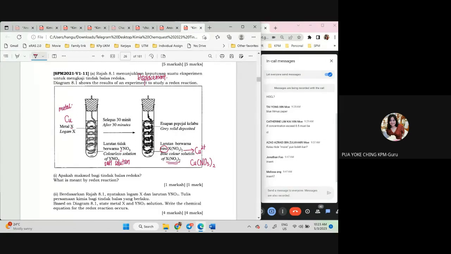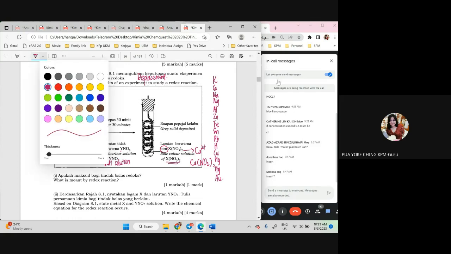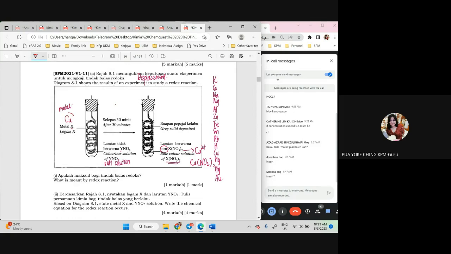So, kalau tentang displacement, maksudnya you kena hafal this one lah. Maka aluminium, zinc, Fe, Sn, Pb, H, Cu, Hg, Ag, Au. So, you already identify X is Cu.